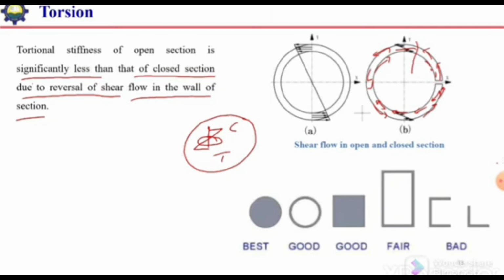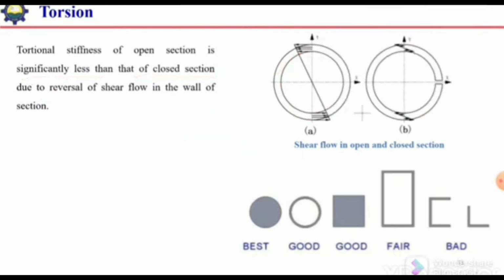But in case of closed section, the shear flow will be like this. It will be in one direction, and at any section, if we cut at any point, the distribution will be like this. The full strength of the member will be utilized to resist the torsion. So if we design a member for torsion, the best selection will be a circular shaft, solid section, or circular hollow section.